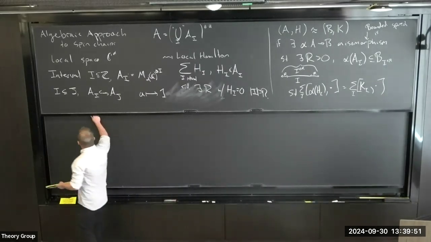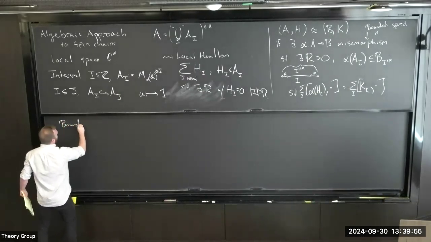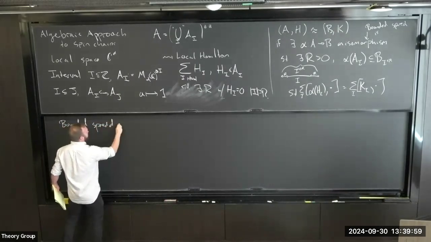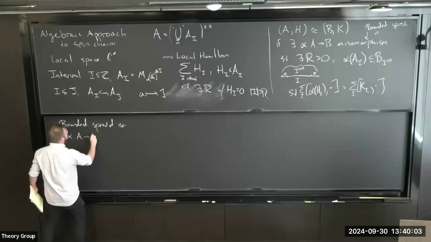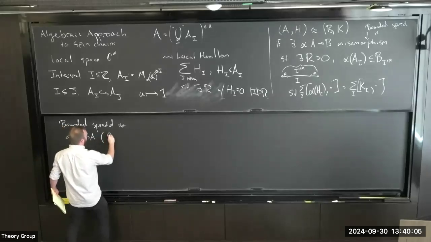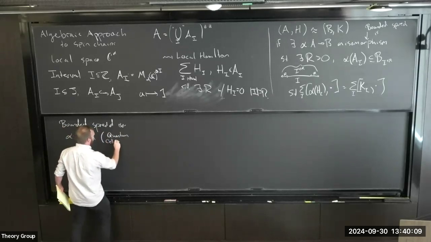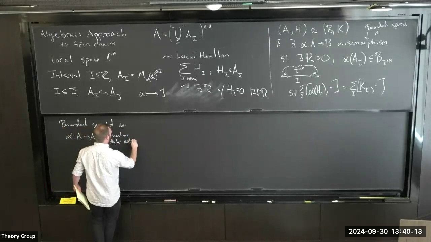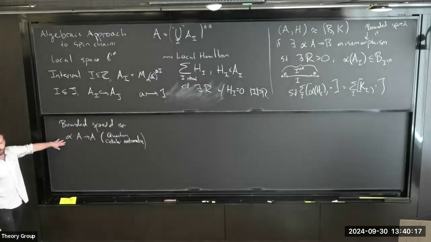So we'll just look at bounded spread isos from alpha from A to A, and these are exactly what are called quantum cellular automata. So this is another word.